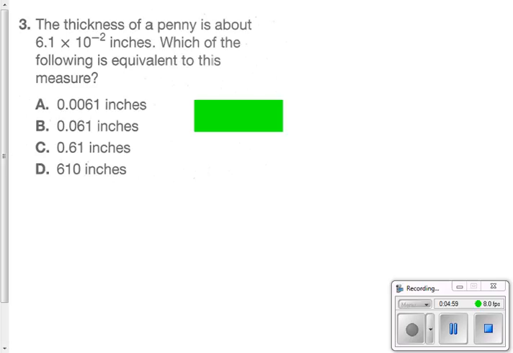Example 3: the thickness of a penny is about 6.1 times 10 to the negative second inches. Which of the following is equivalent to this measure? So I would take 6.1 times 10 to the negative second. Now if you think about this, most people might know where to go right away. If you don't, convert this exponent into a fraction to get rid of the negative exponent.